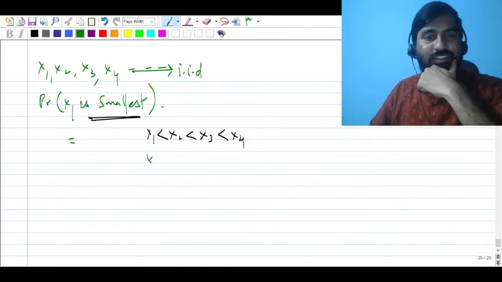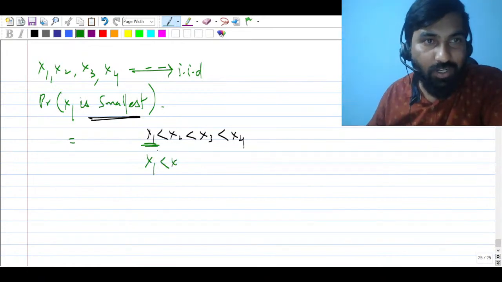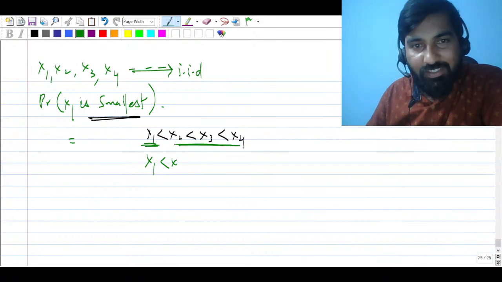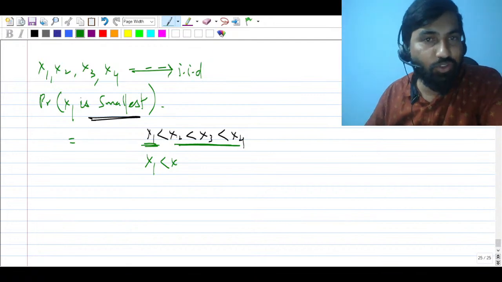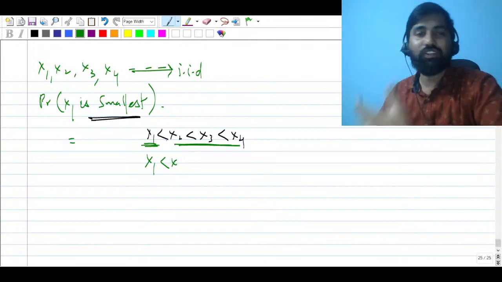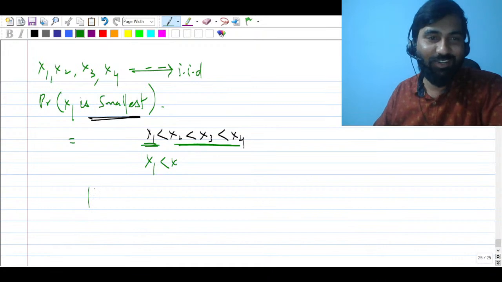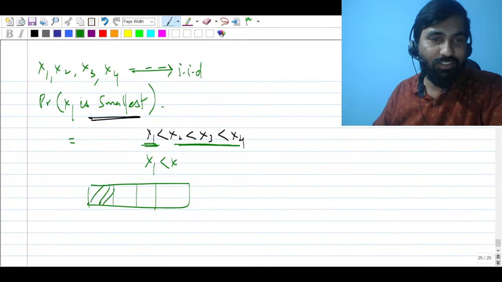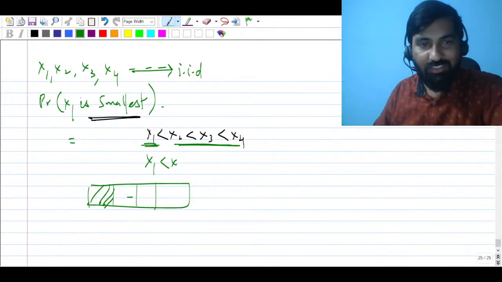Now x1 should be fixed, and you have to fill the rest. You can also use a permutation concept. Suppose there are four blocks and one is fixed; it can be filled in only one way. How many ways can the other three blocks be filled?